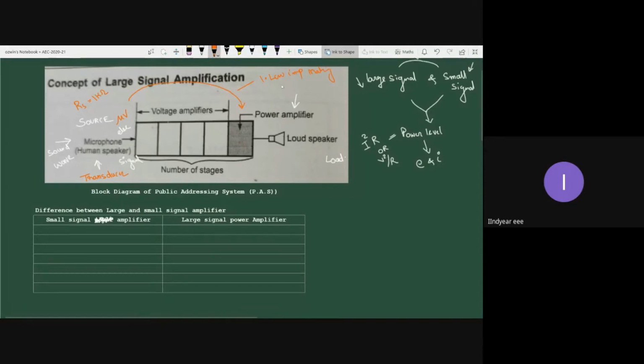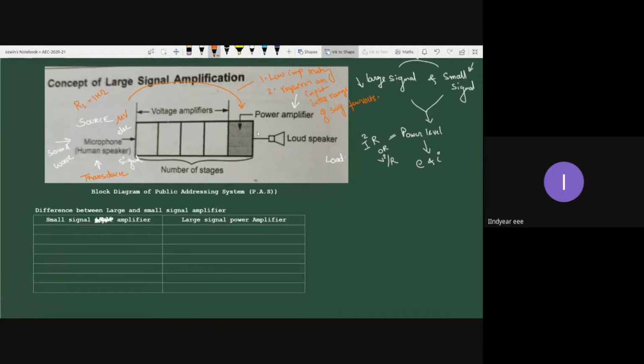So first is impedance mismatch, and the second reason is that your power amplifier requires an input in the range of, say, a few volts. Are you getting the point?